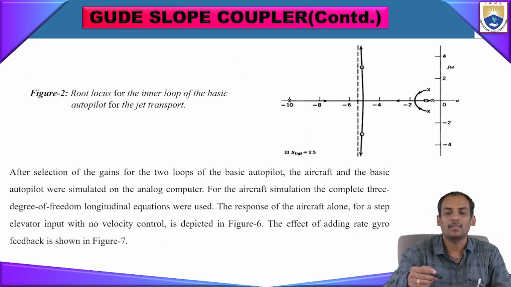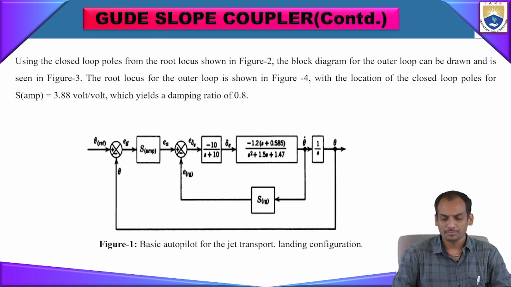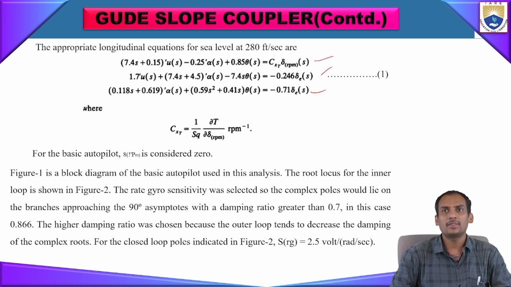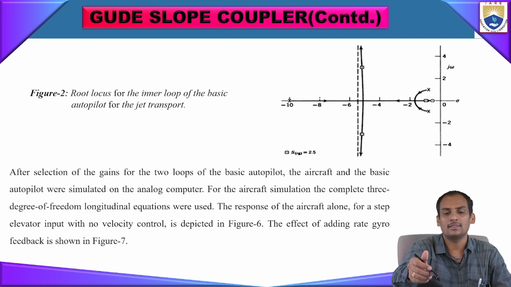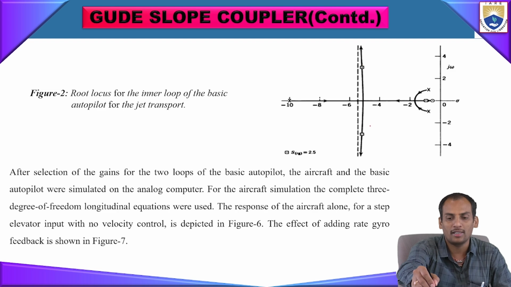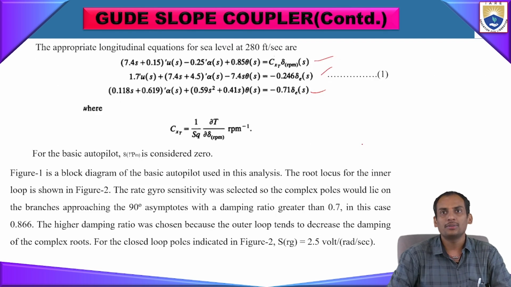In this root locus plot, the rate gyro sensitivity was selected so the complex poles would lie on the branches approaching the 90 degree asymptotes. The damping ratio here is greater than 0.7, and in this case it will be around 0.866.